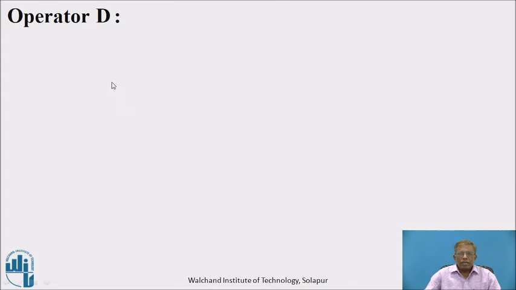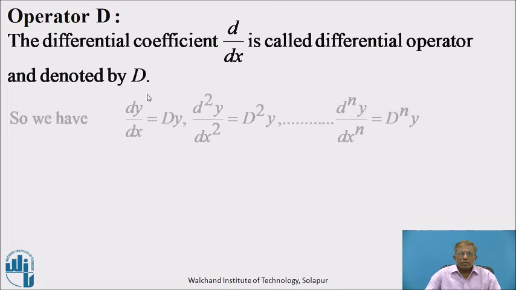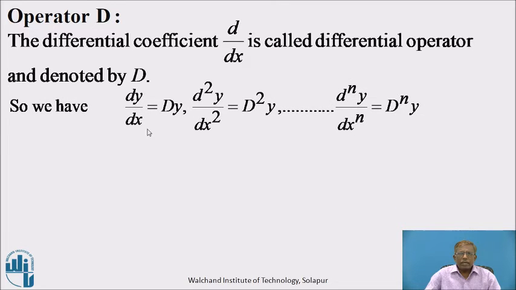Now, operator D. The differential coefficient d by dx is called the differential operator and it is denoted by the symbol capital D. So dy by dx can be written as D of y, and d square y by dx square can be written as D square of y, and so on. d raised to n y by dx raised to n can be written as D raised to n of y.